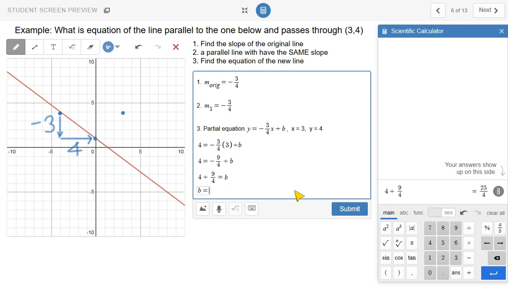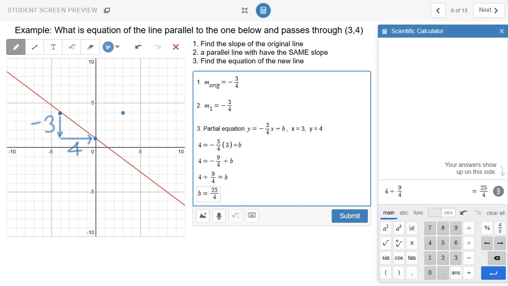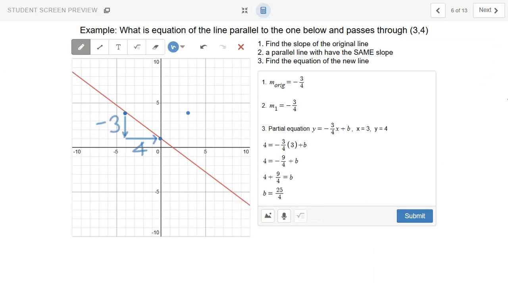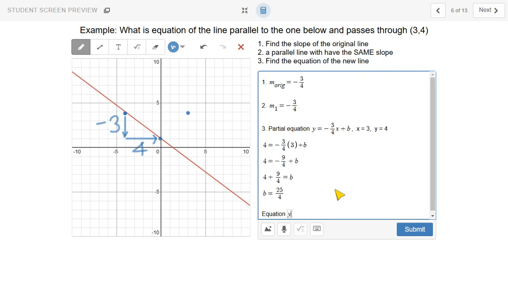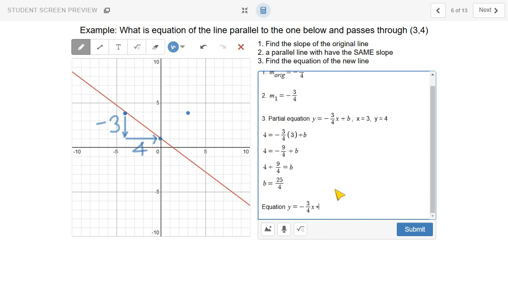We have b is equal to 25/4. So the equation of our new line is going to be y is equal to -3/4x plus 25/4.